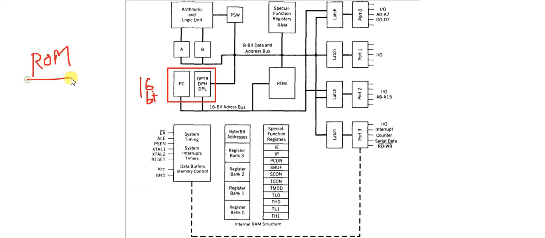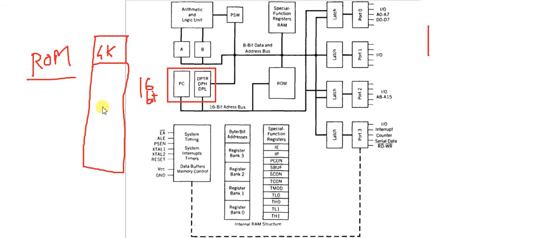Now see that if we have an inbuilt ROM of 4K, then the remaining 60K we can connect from outside if we need. Got it? Okay. Now to address or to connect this ROM with our microcontroller, we need an address bus.